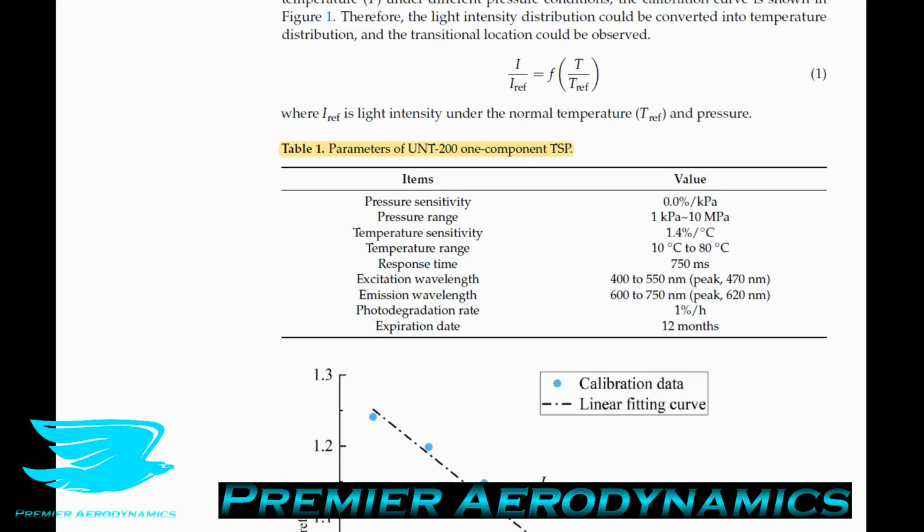So let's explain this. What they did was they have their cascade, their airfoil, or whatever surface that you want. You paint it with this TSP, then you have to excite it with this light. The only reason why you need to do that is because you need to give it energy so that the electrons will move enough to then re-emit photons back out, and that's the light that you want to see. In this particular case, they're using a 400 nanometer LED light, and they're shining it onto the surface.